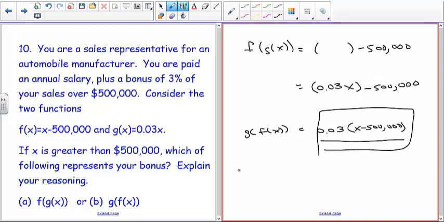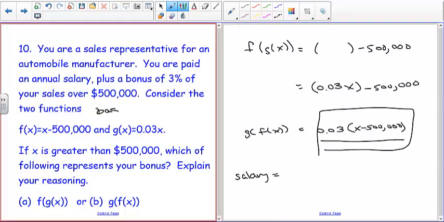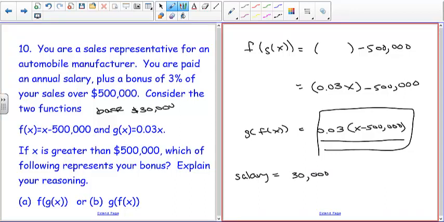So if I was looking at salary, they don't say what your base salary is, but let's say base is $30,000. So your salary would be $30,000 for sales between 0 and 500,000. If you have less than $500,000 worth of sales, you just get your base salary.